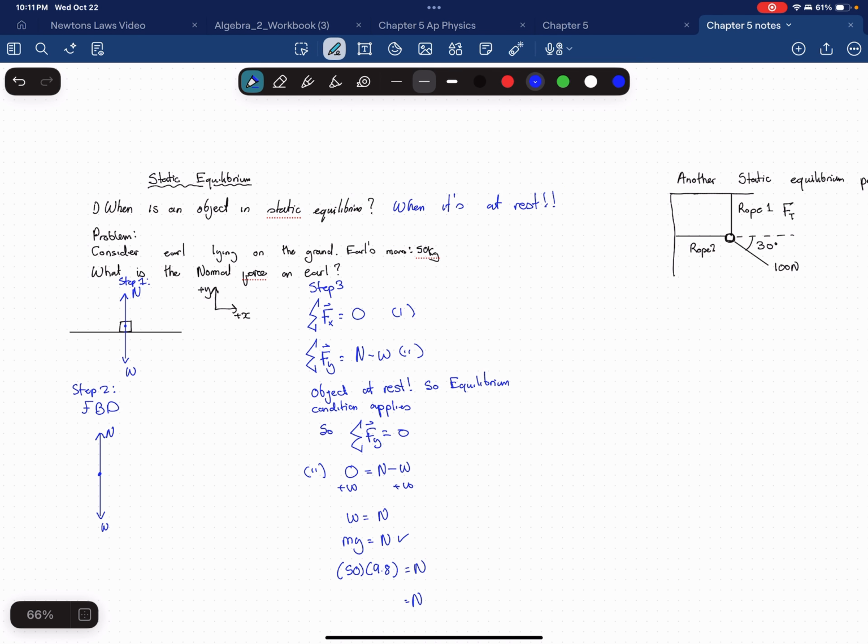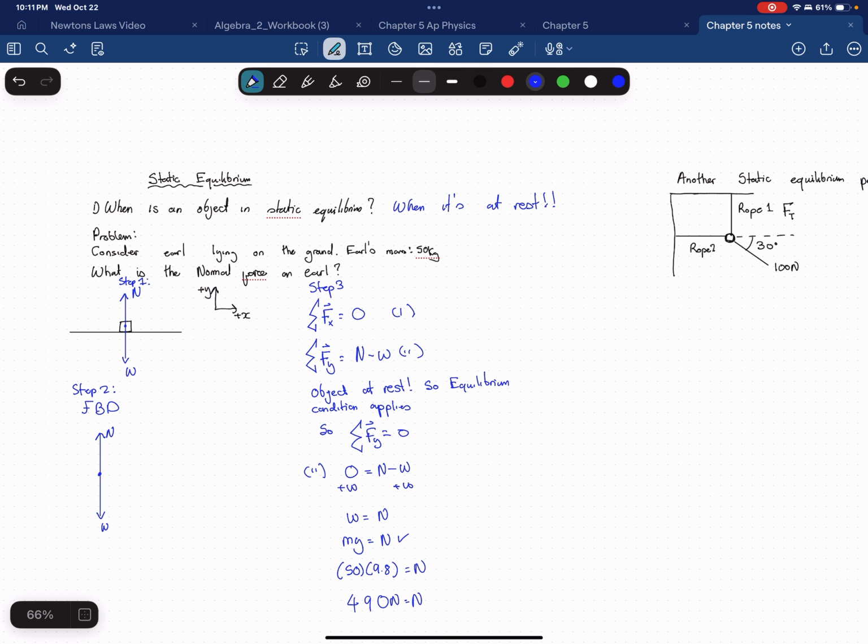Anyway, let me not leave this unsettled, because I know how much you guys like numbers. So 50 times 9.8. Okay, so that's what? 490 Newtons. So yeah, that's our normal force.